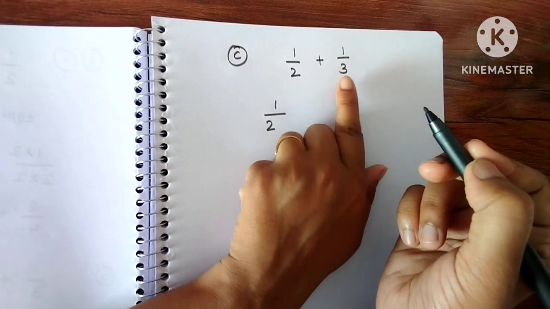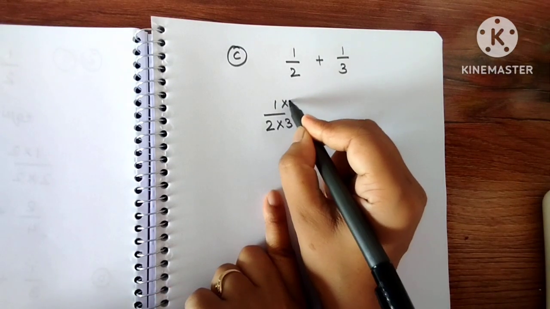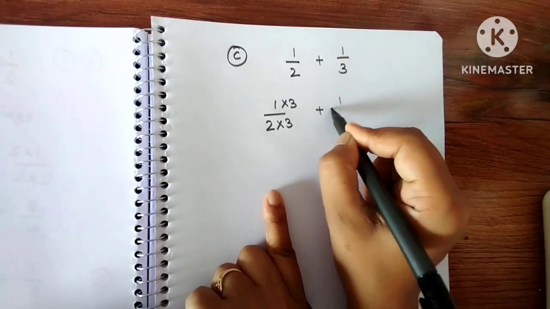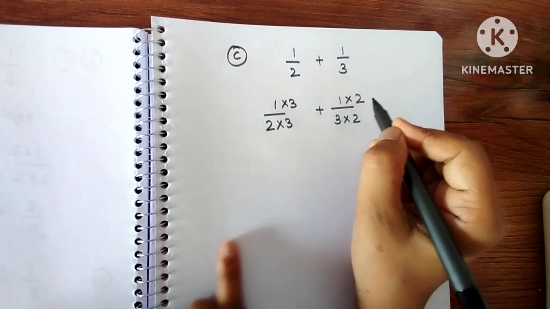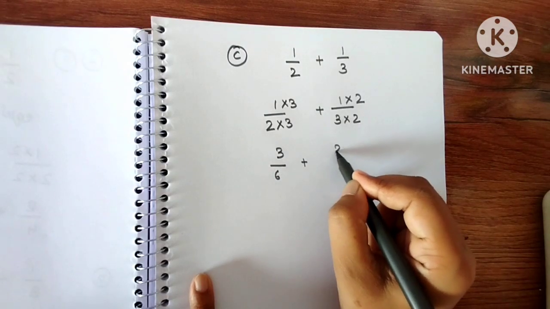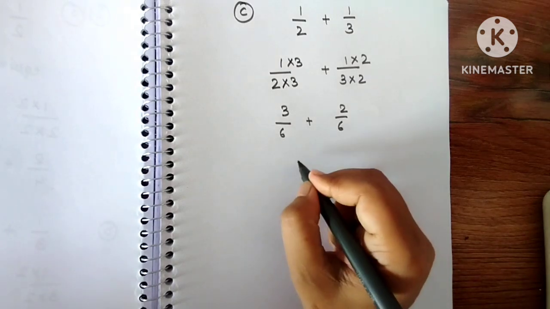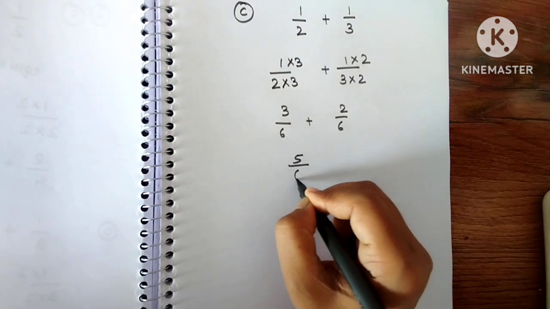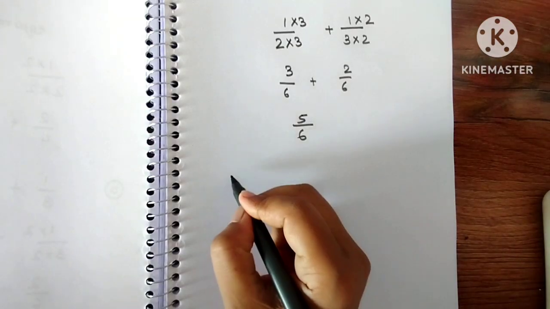That means if here is 3, I will multiply 3 here and 3 here, plus 1 upon 3, 2 here and 2 here. Okay, so this will become 3 upon 6 plus 2 upon 6. See, your denominator is equal. Now you can add: 5 upon 6.